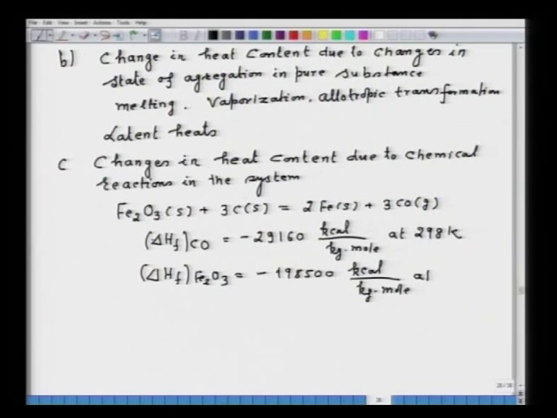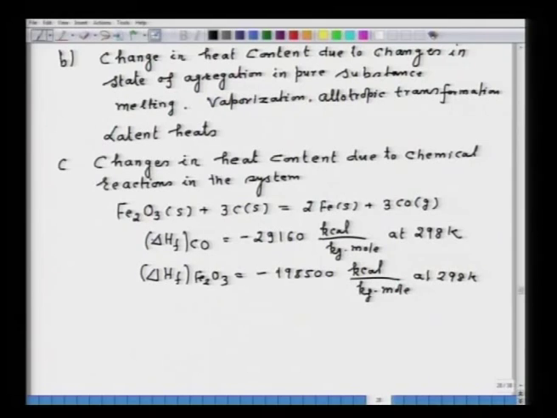This is also at 298 Kelvin. Now, you must note that the tabulated values or all the thermodynamic tabulated values, they are listed at 298 Kelvin temperature, that is an important thing. So, now the heat of formation of the pure element is 0, that is the thing you have to know it.